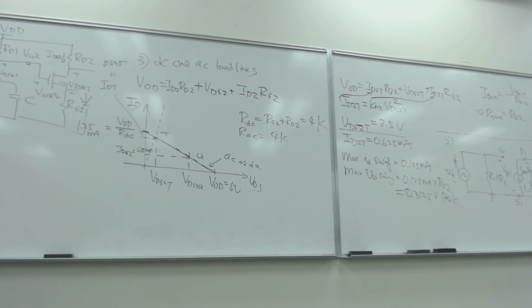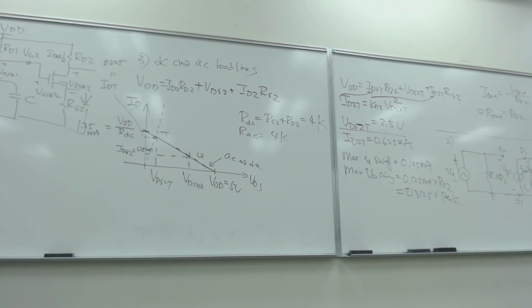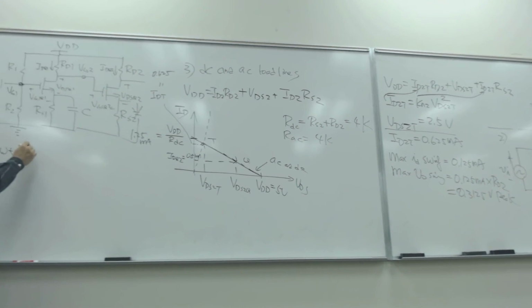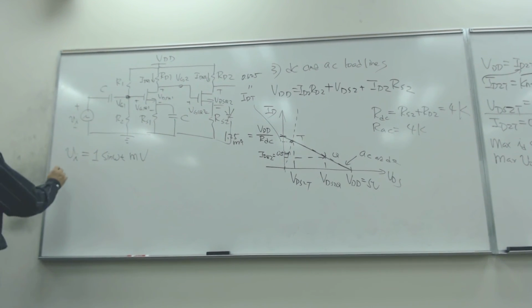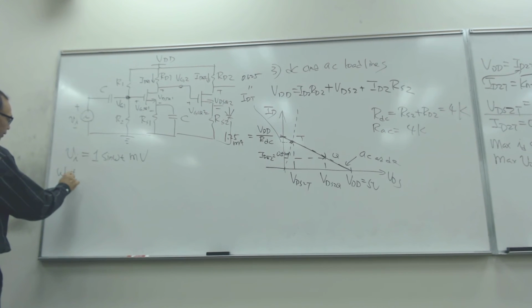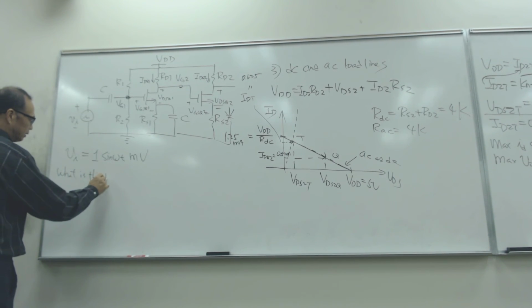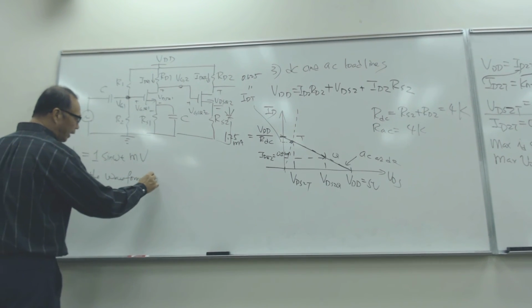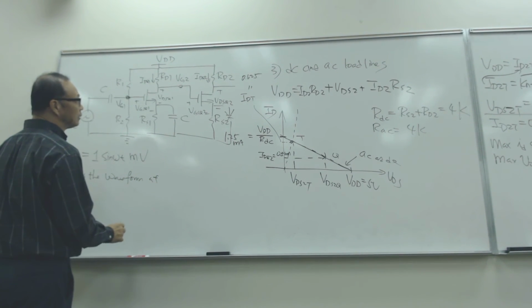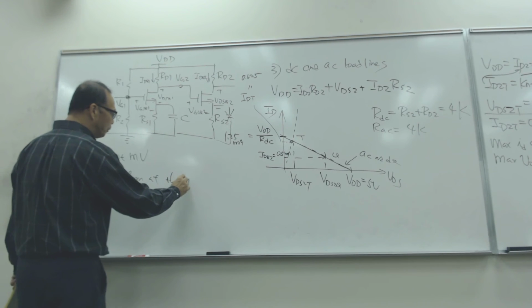Okay, let's say my V sub I is equal to 1 sine omega t millivolt. Then what is the waveform at the output node?